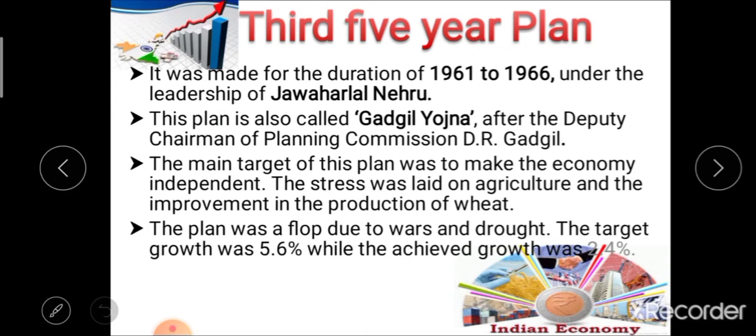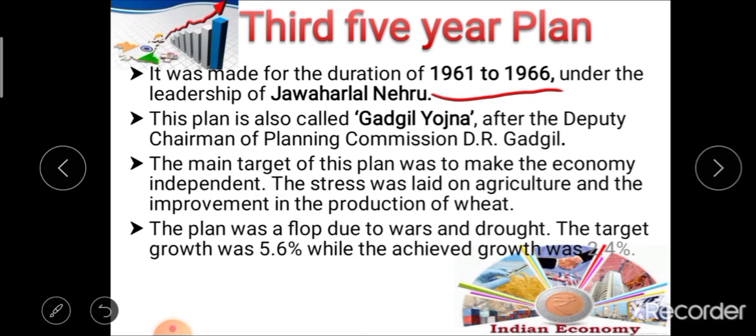The duration of the third 5-year plan is 1961 to 1966 under the leadership of Jawaharlal Nehru. It is also called the Gadgil Yojana, after Dr. D.R. Gadgil, Deputy Chairman of the Planning Commission. The main target of this plan was to make the economy independent.